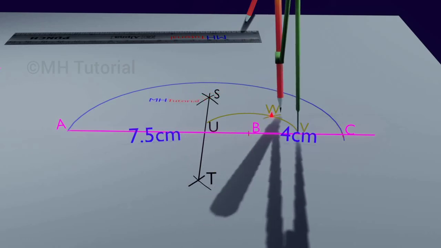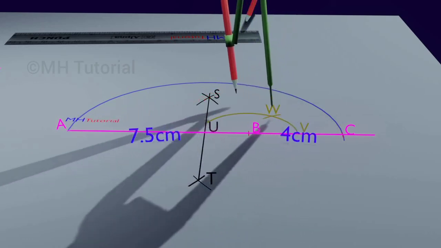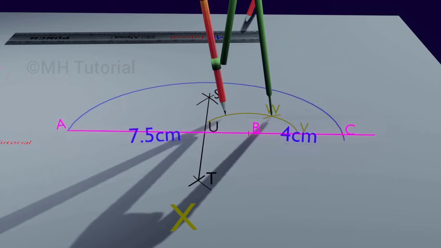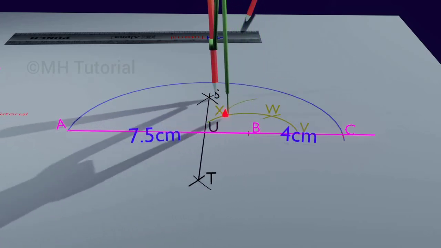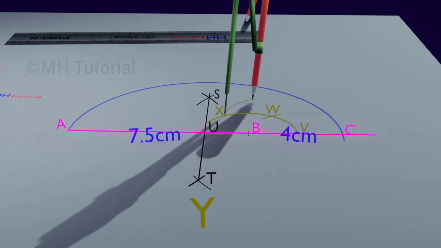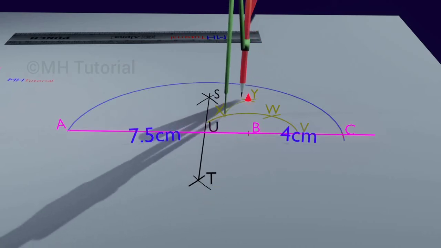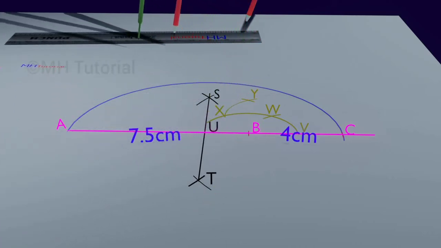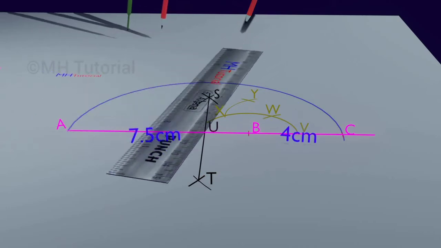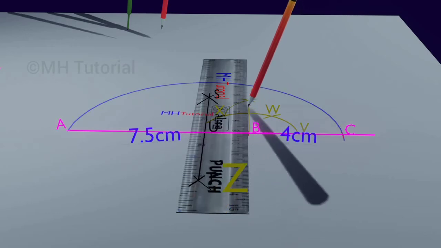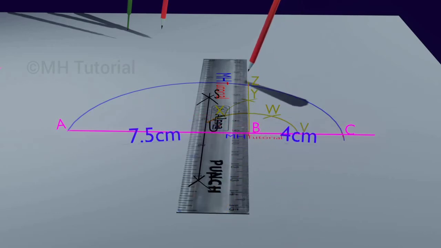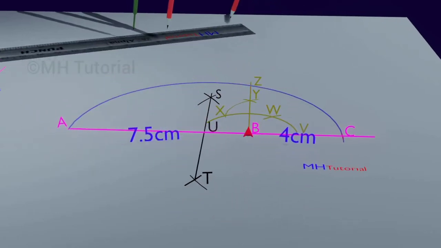The length of this perpendicular line inside the semicircle will be the square root of 30. This perpendicular intersects the semicircle at the point Z. So BZ would be the square root of 30.